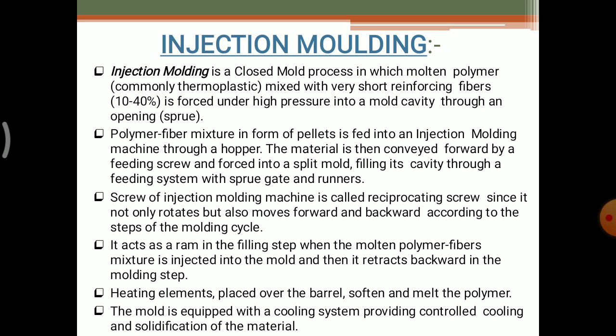But here we are using very short reinforced fibers, chopped by a cutter. We use 10 to 40% reinforcement, forced under high pressure into a mold cavity through an opening known as the sprue. The sprue is the opening of the mold cavity through which we pour the short reinforced fibers, which are known as chopped fibers.